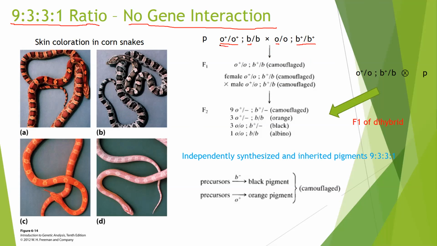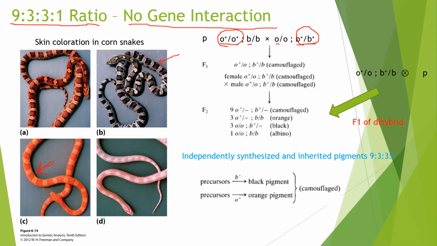The O gene here, the orange gene: the wild type allele will produce the orange pigment on the skin of the snake. And the B gene: the wild type B gene will produce the black pigment on the skin, all right? They're doing totally independent things.